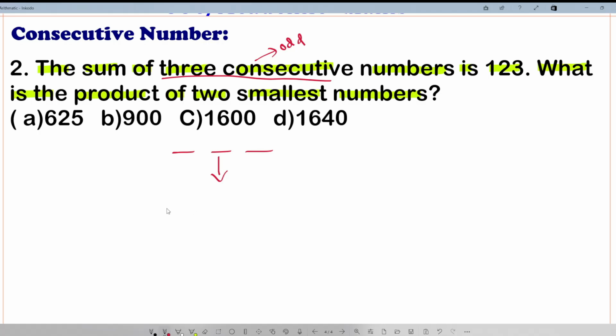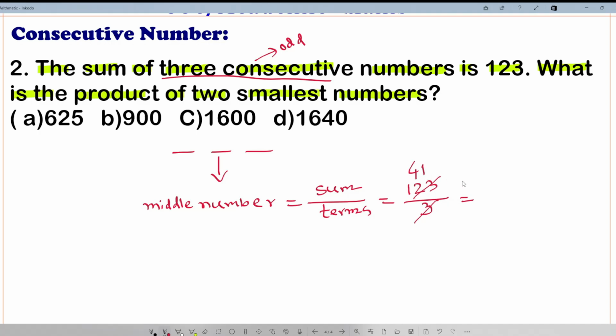The middle number equals the sum divided by the terms. The sum is 123, terms is 3, so it will become 41. So for the 3 consecutive numbers, the middle number is 41. So the first one is 40, the second is 41 and the third is 42.